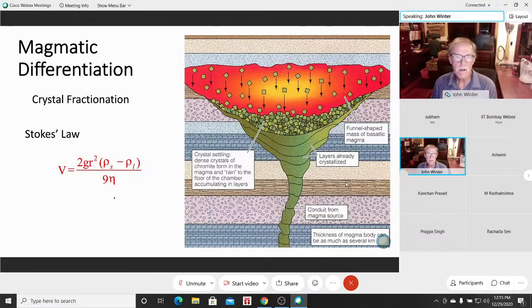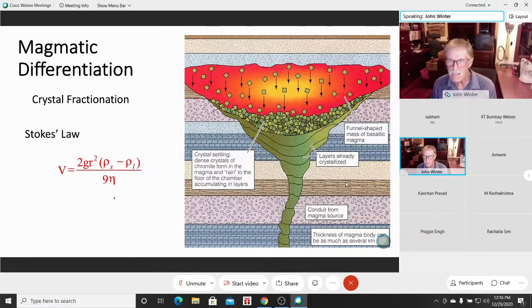Okay? Plus, there's the whole issue of non-Newtonian behavior, in which liquids have a yield strength instead of just a viscosity. And that yield strength builds up considerably as you go from basalts into more evolved liquids. There are very compelling arguments that once you get more than 40 to 50% crystalline, the system locks up.